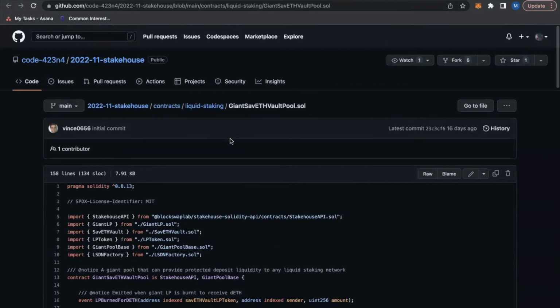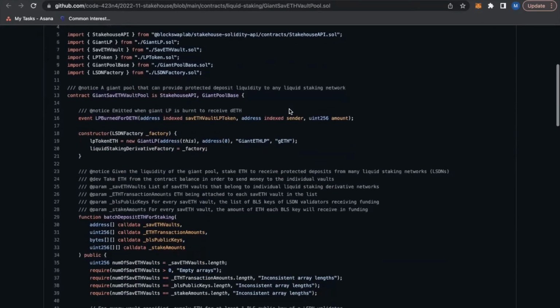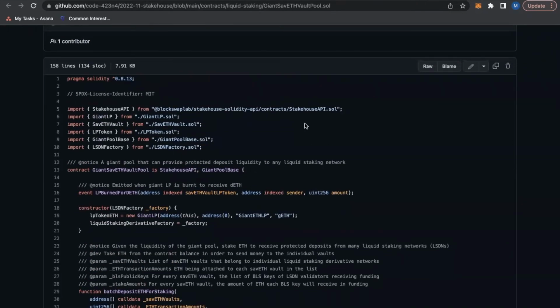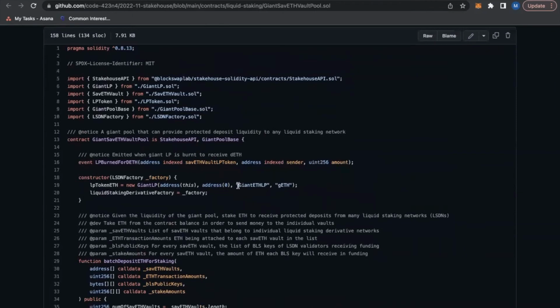So the giant Savage vault pool smart contract is the contract that deals with the giant protected staking pool. It has a single giant LP token, called the giant ETH LP, or GETH.